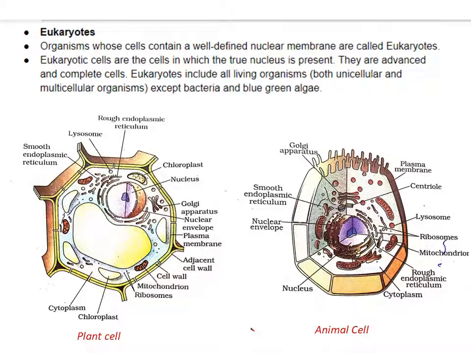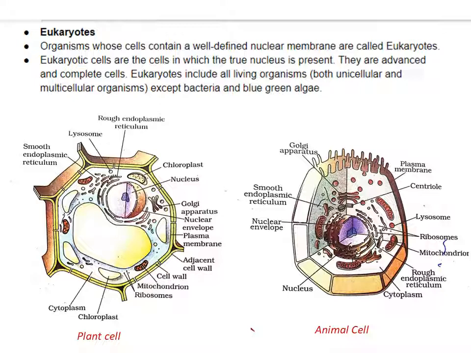Let's talk about the eukaryotes now. Eukaryotes are those organisms whose cells contain a well-defined nuclear membrane. These are advanced and complete cells. Eukaryotes include all living organisms, multicellular or unicellular, except for bacteria and blue-green algae.